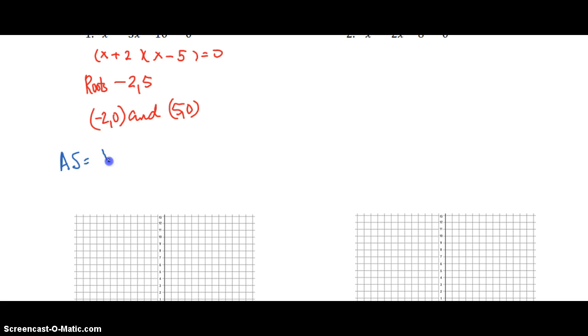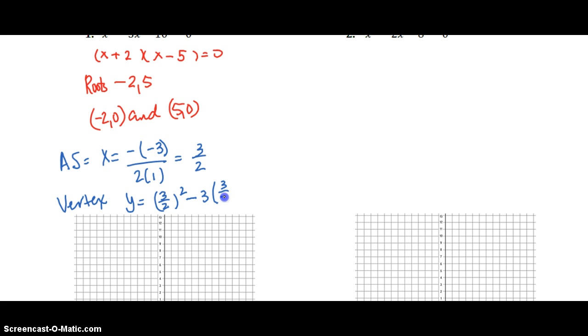Our axis of symmetry, x equals negative b over 2a. So that's 3 over 2. So when x is 3 over 2, let's find our vertex. That's going to be y equals 3 over 2 squared minus 3 times 3 over 2 minus 10.